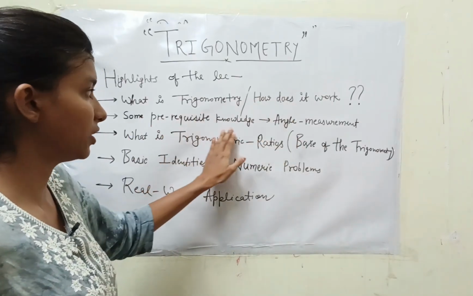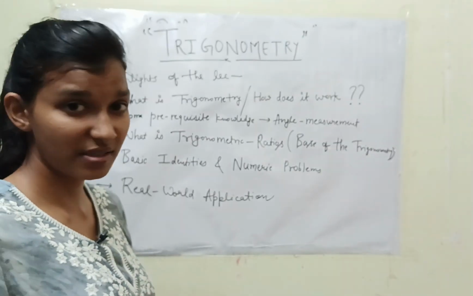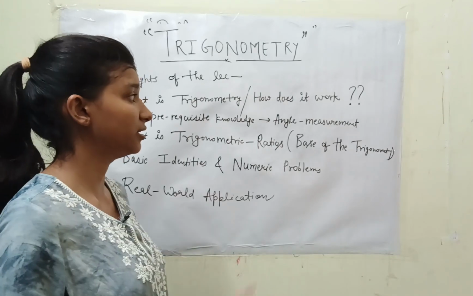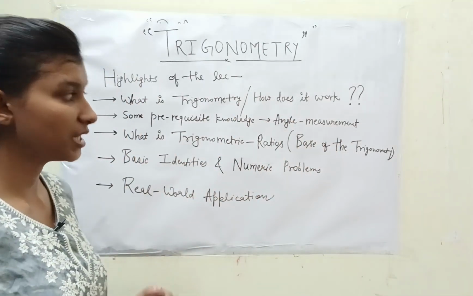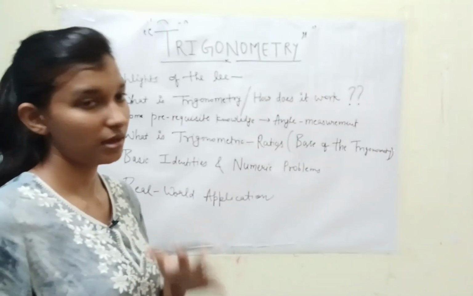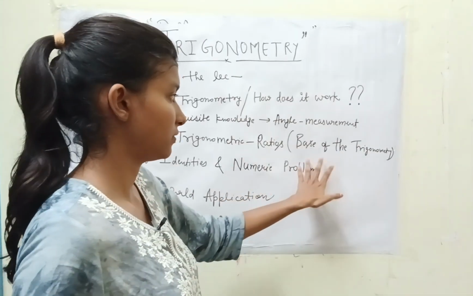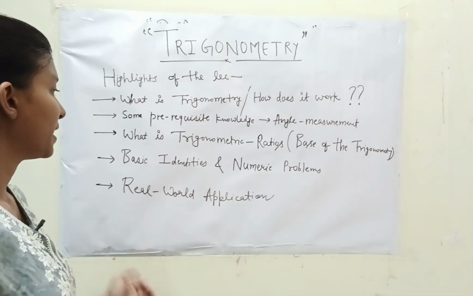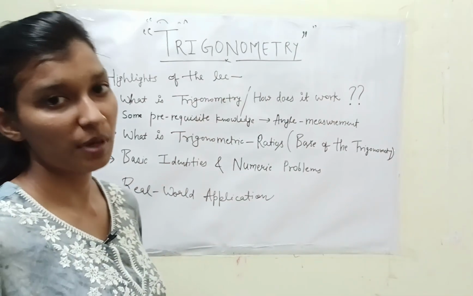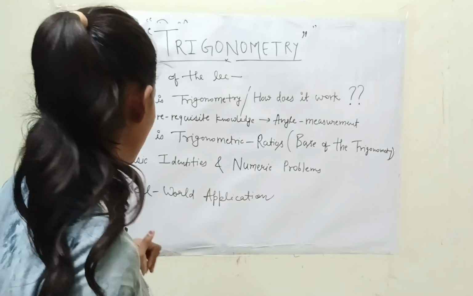Some prerequisite knowledge like angle measurement, how we calculate the angles, and then what the trigonometric ratios are. Trigonometry is based on some ratios which are called trigonometric ratios. Further, some basic identities and numerical problems will be discussed in this video.